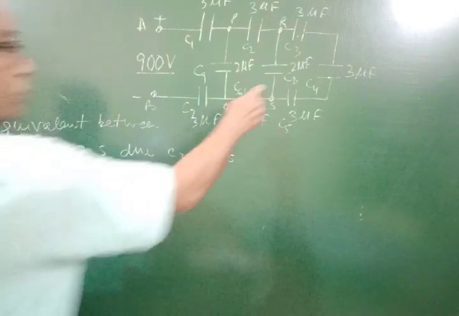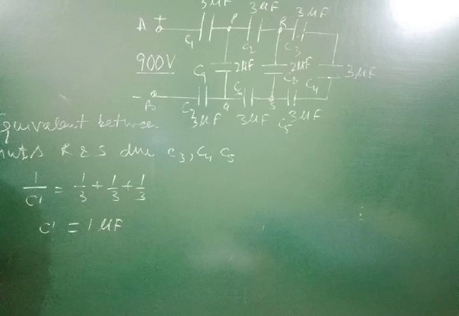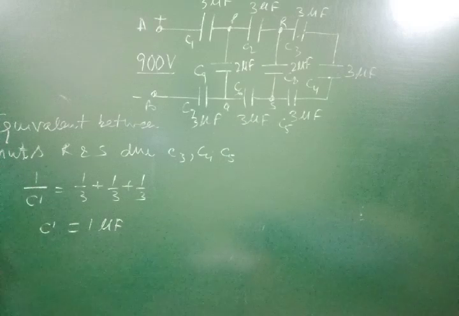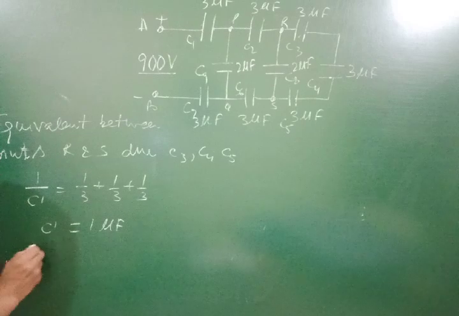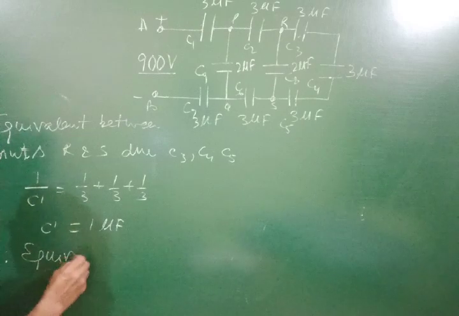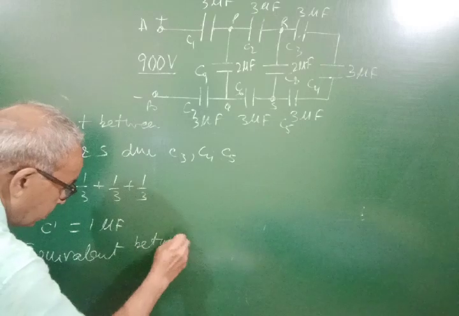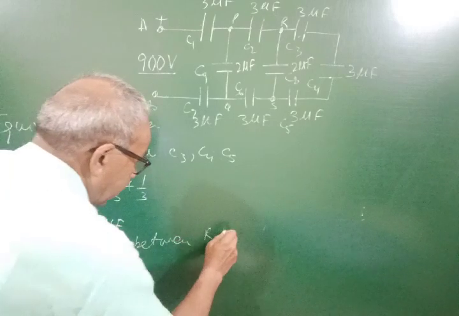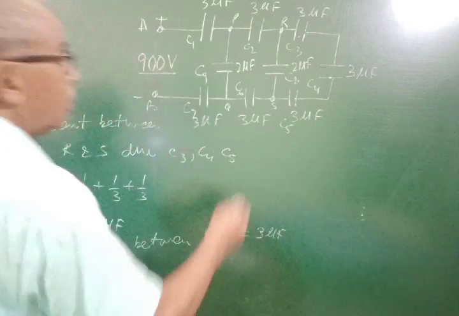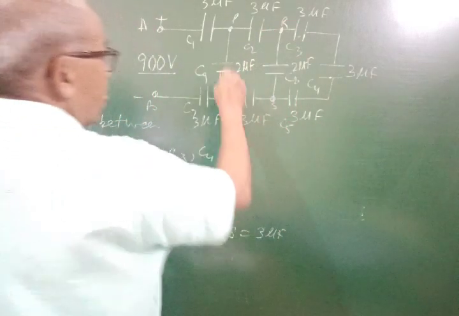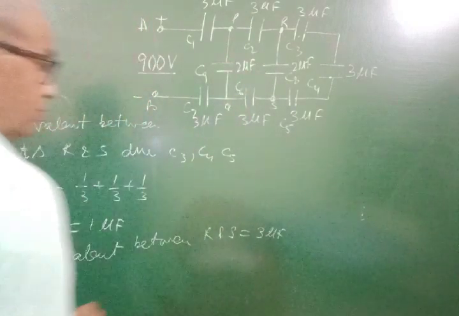This equivalent and C8 are in parallel, so their equivalent is 3, and hence equivalent between R and S equal to 3 microfarad. Now again it is 3. Then similarly between P and Q it comes 3.